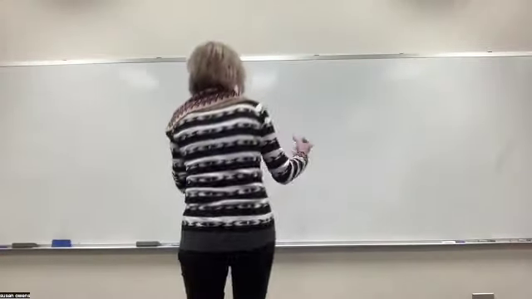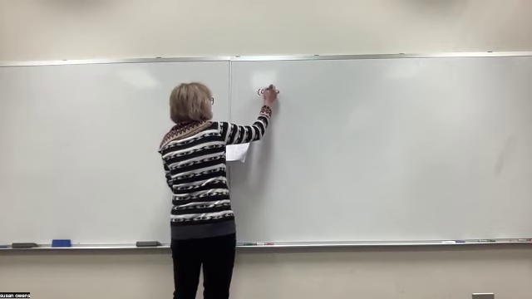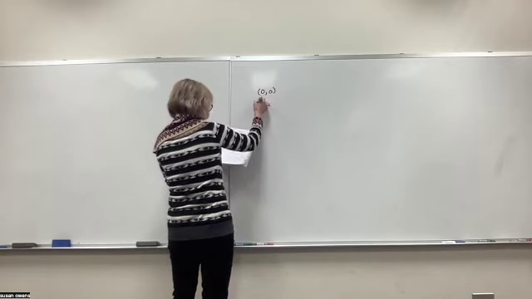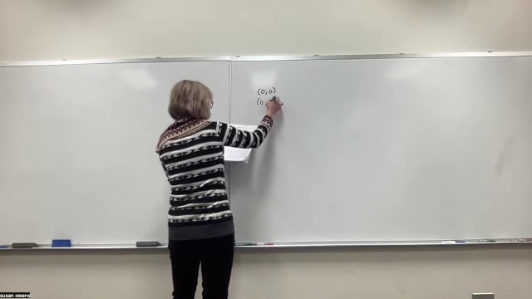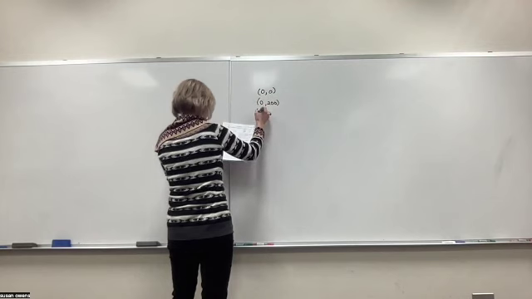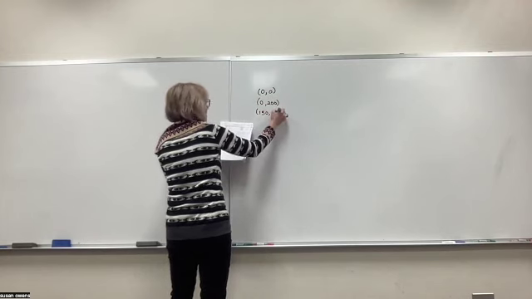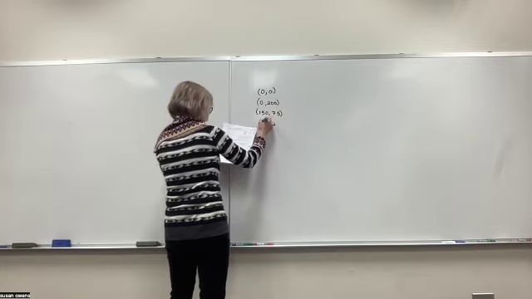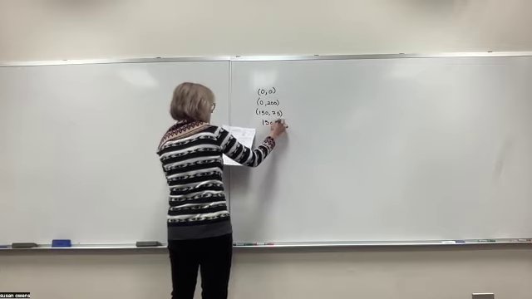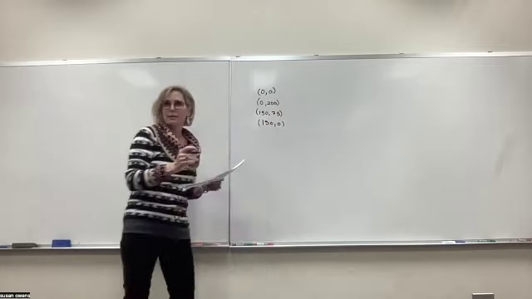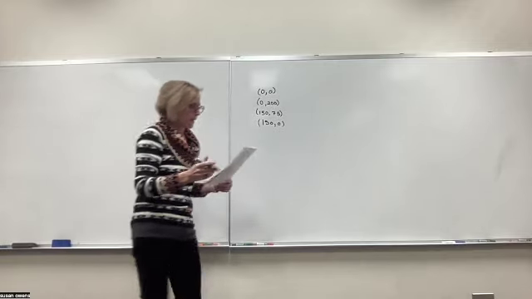All right, so we had the corner point 0, 0. We had 0, 200. We had 150, 75 that we found, right? And then we had 150, 0. That sound right? Okay.